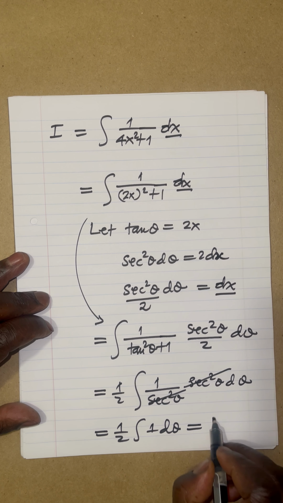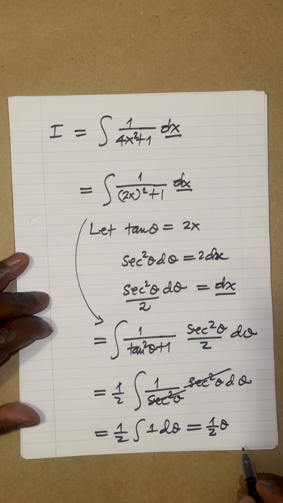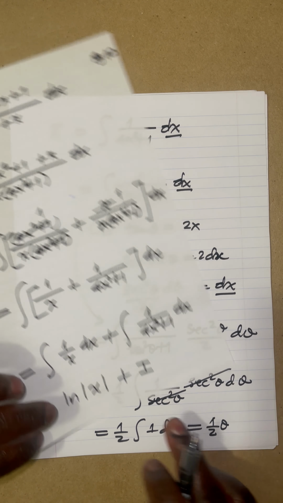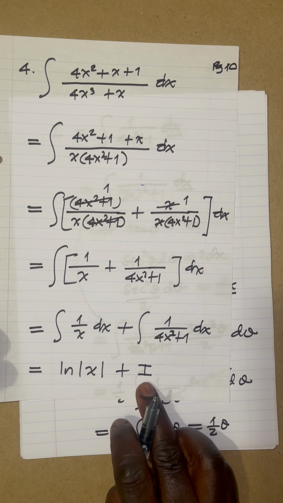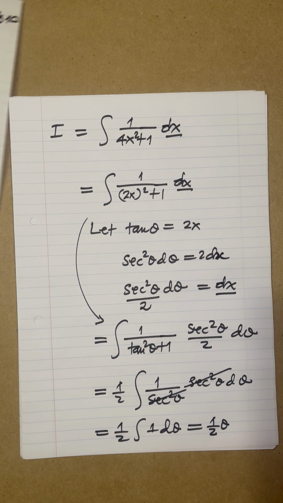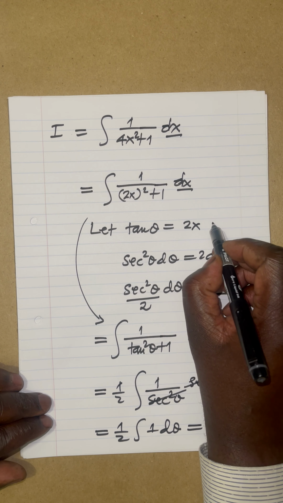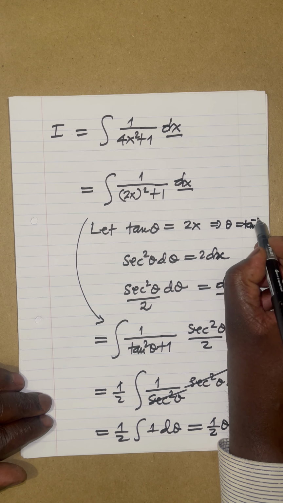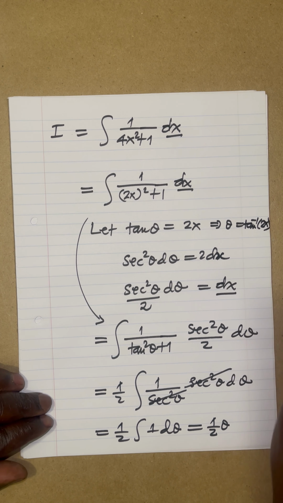You'll agree with me that this is just half theta. Now, we can't say plus c because we still have to come and put it in that place. So now, what is theta? Well, from here you can see that theta is tan inverse of 2x. Some people say arctan of 2x.